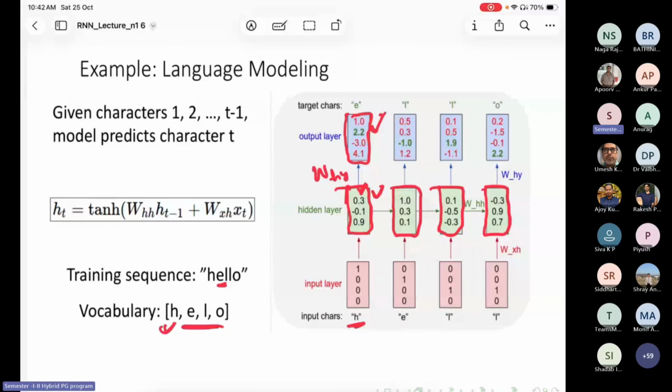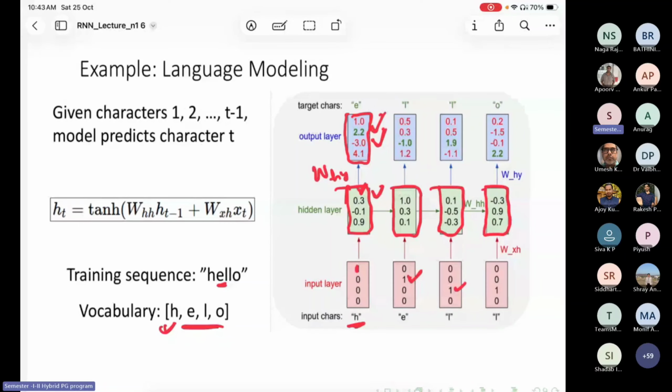That is very easy in this case, because these are the classes. If it is H, then the first index should give the maximum value, or be close to 1. If it is E, the second index. If L, then the third. If O, then the fourth.